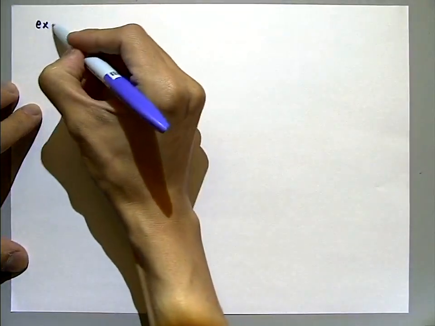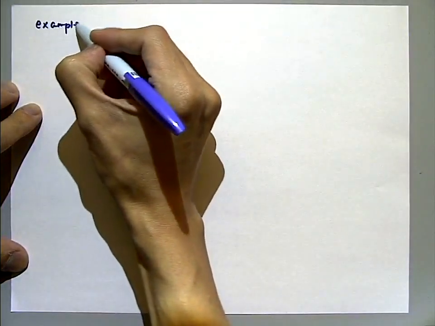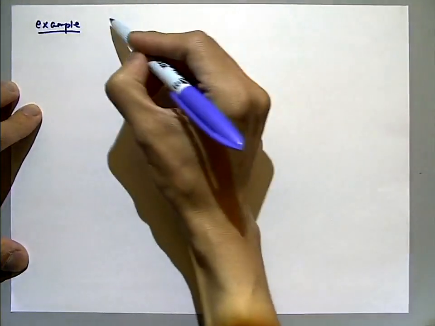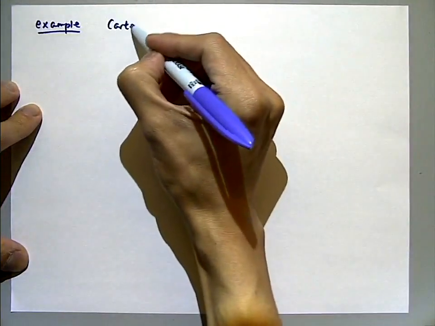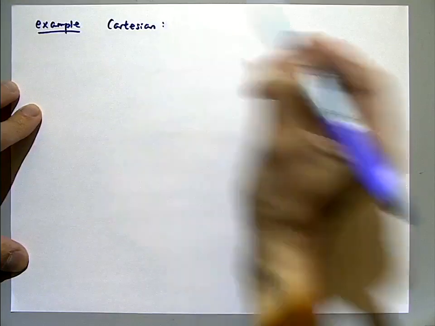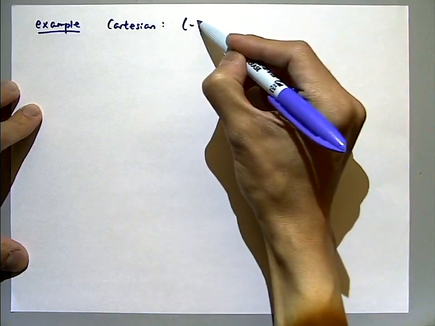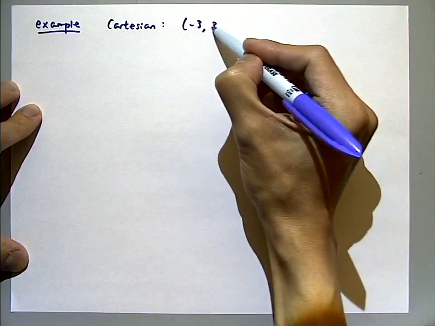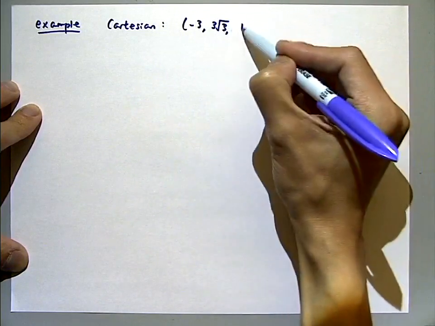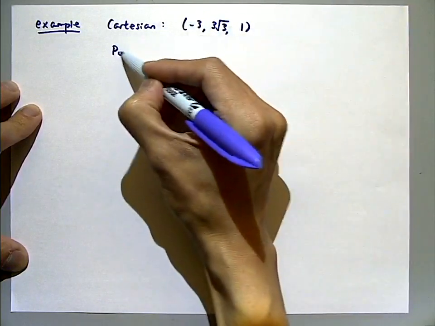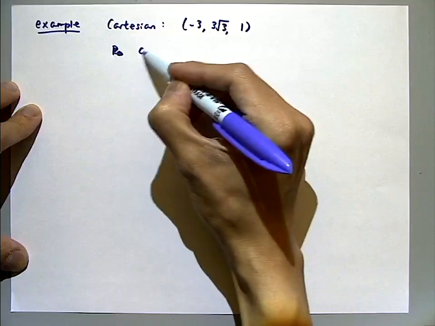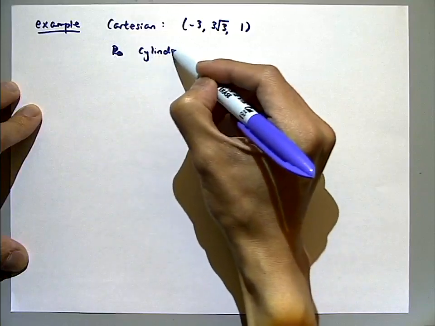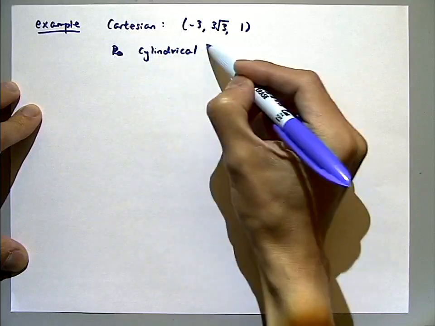All right, so let's do a quick example of a conversion here. In Cartesian, the point is (-3, 3 radical 3, 1).